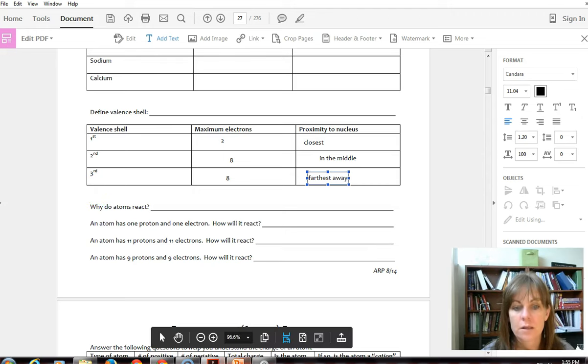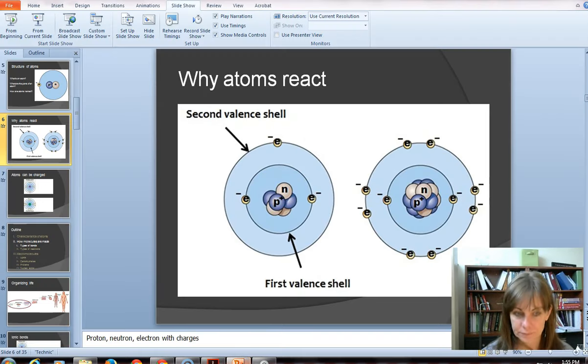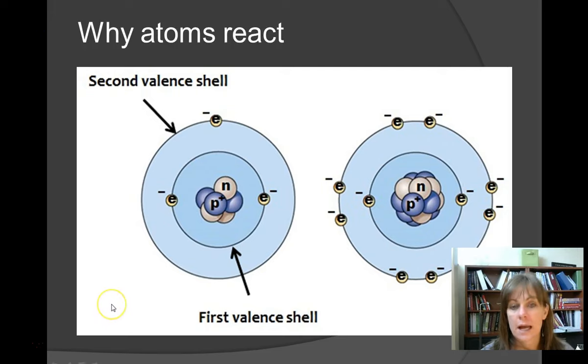Okay? So, here's this question. Why do atoms react? Okay? And this is an important question, and it has to do with how many electrons are in each shell.